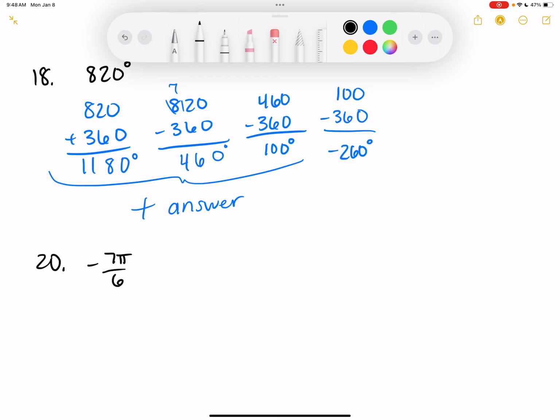So I need some way to write 2 pi in terms of something over 6. So what would that be? 12 pi over 6. So I'm going to be adding or subtracting 12 pi over 6. Now, this angle is already negative, so I need to make sure I pay attention to that sign. So I'm going to have negative 7 pi over 6 plus 12 pi over 6, which is going to give me 5 pi over 6.